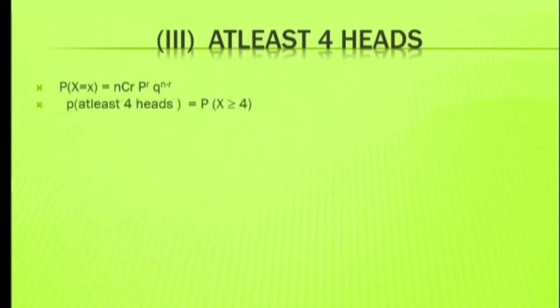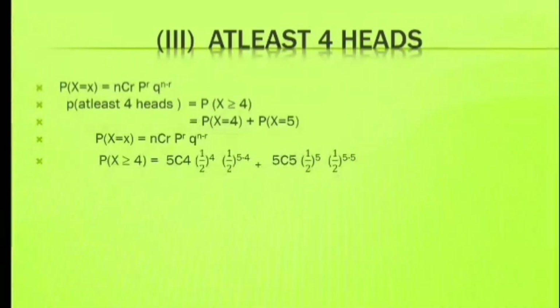Now the third subdivision, at least 4 heads. Here n equals 5 and r is taken as greater than or equal to 4. Since n equals 5, greater than or equal to 4 gives probability of x equal to 4 plus probability of x equal to 5. We substitute r equal to 4 in the first part and r equal to 5 in the second part, and apply the formula with p equal to 1 by 2 and q equal to 1 by 2.